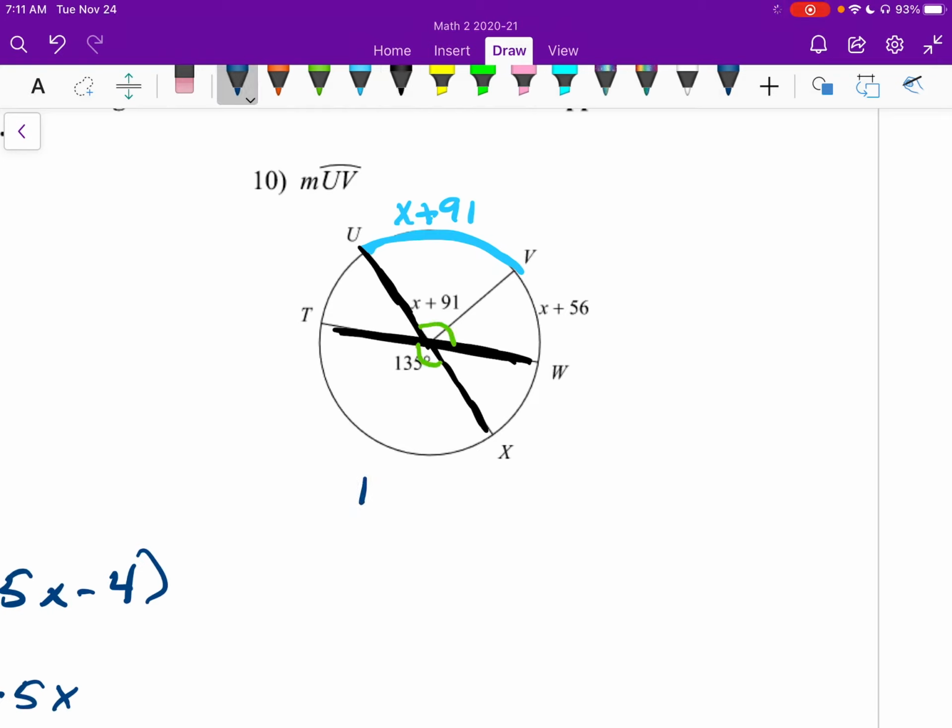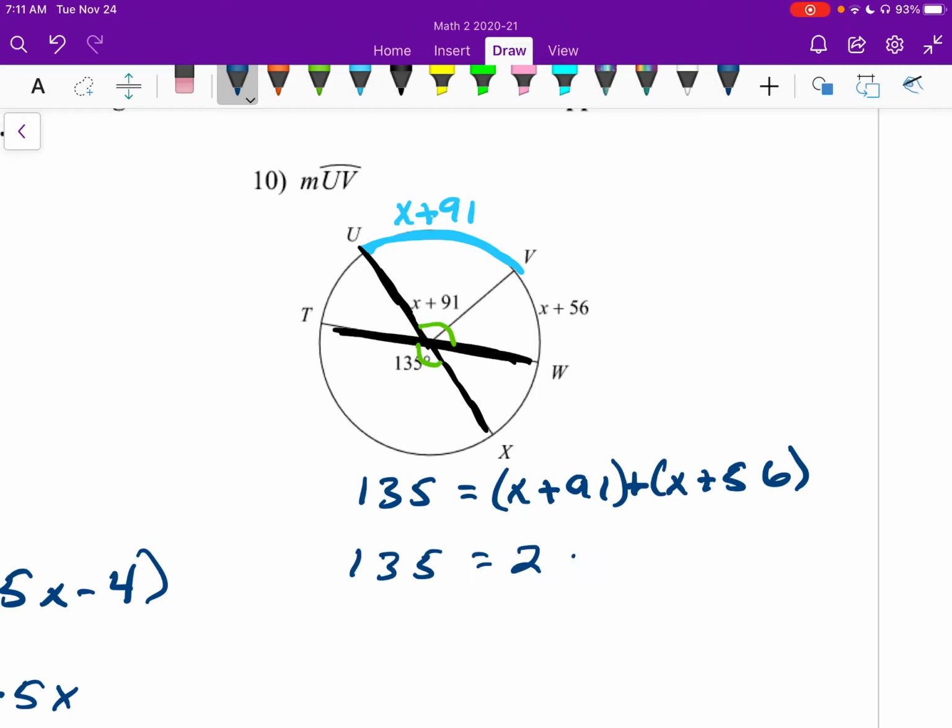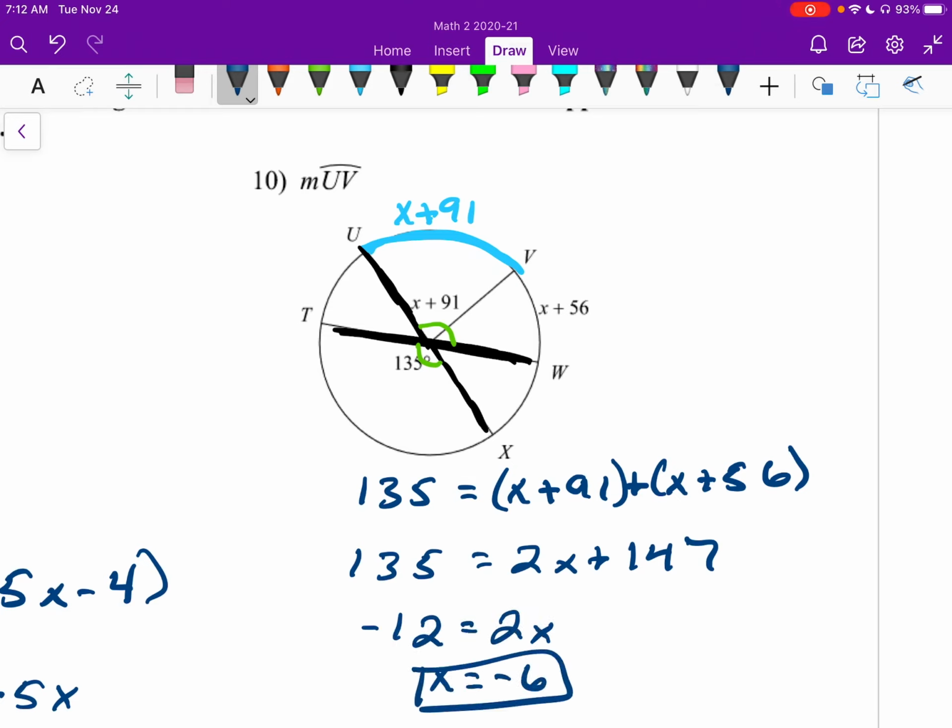So I can say 135 equals x plus 91 plus x plus 56. I added up two different angles there to make the 135. So I've got 135 is 2x plus 91 plus 56 gives me 147. I subtract 147 from both sides and I get negative 12 is 2x and x is negative 6.